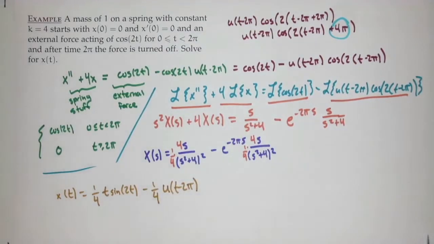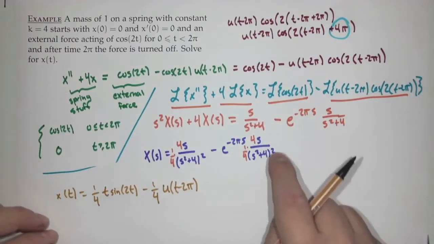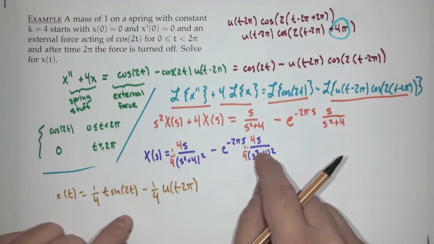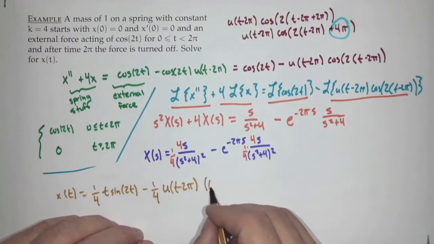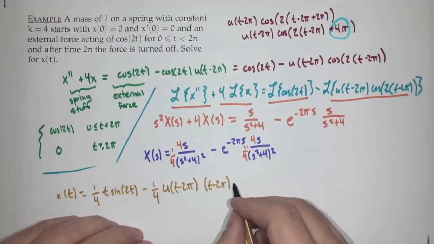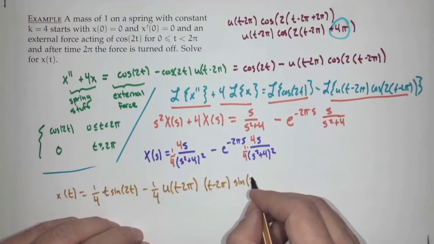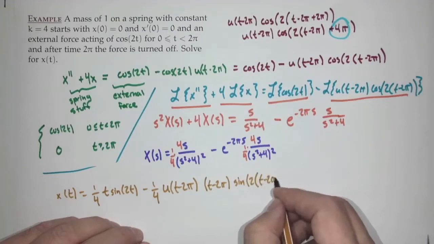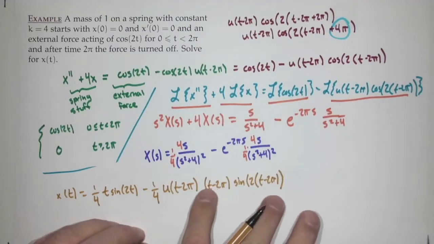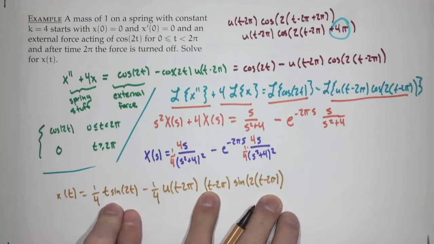And then what? Yeah, t minus 2 pi, sine of 2 times t minus 2 pi. So if you say, hey, that looks a lot like that, except we replace t by t minus 2 pi, you are correct, because that's what we did.